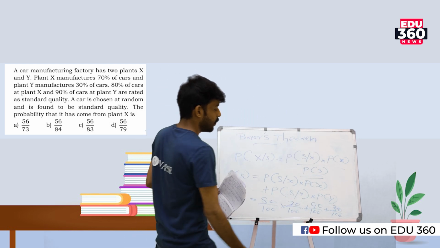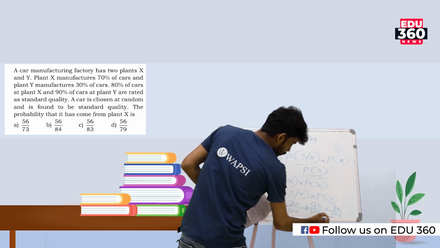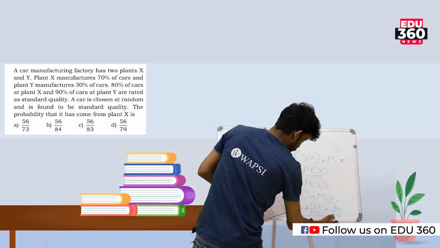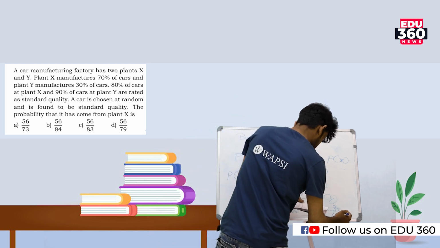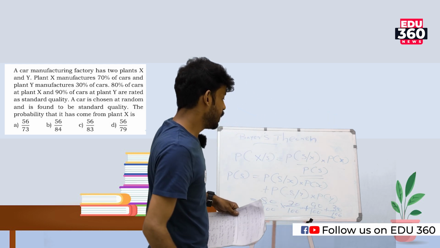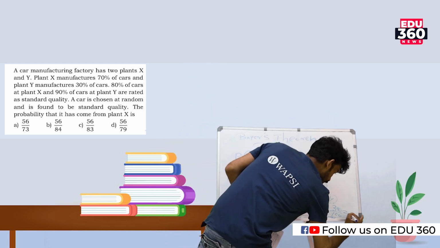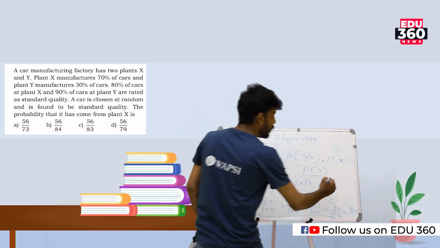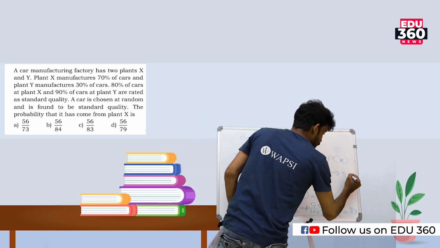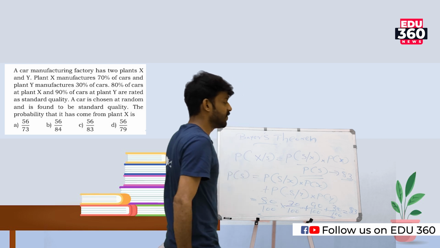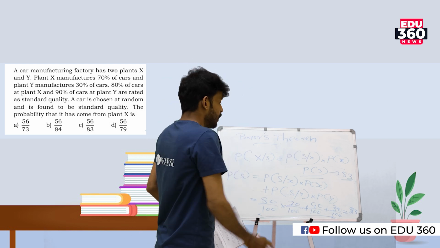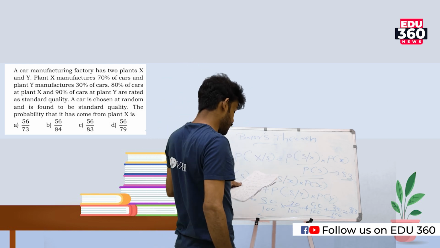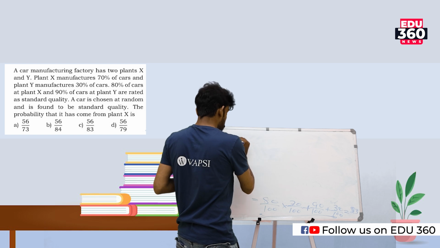If we find the value of this, the final answer is 83 for the denominator. That is, P of S is equal to 83.